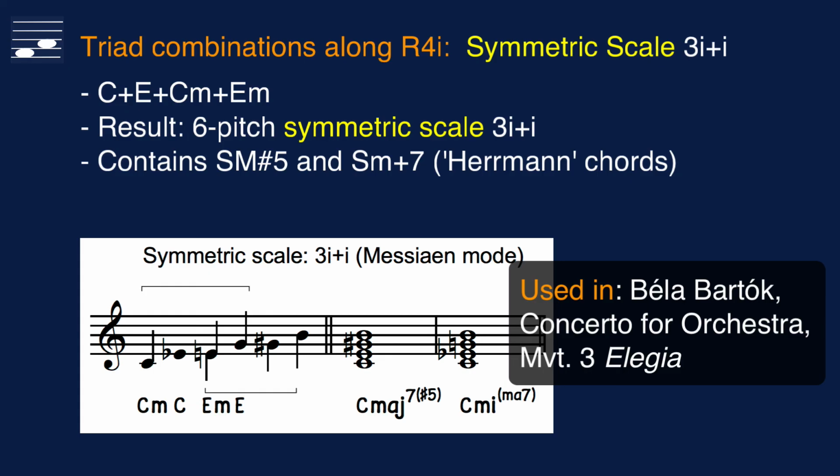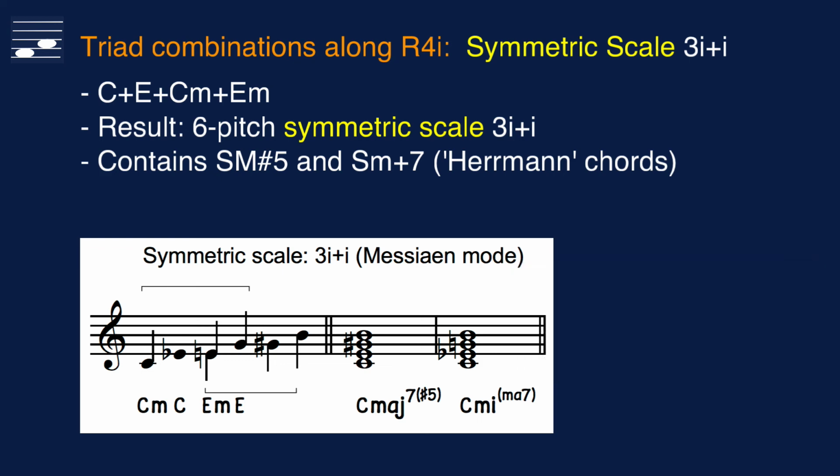It is used in the third movement of the Bela Bartok Concerto for Orchestra. The scale also contains two favorite Bernard Herrmann film music 4-part chord structures, the major 7th chord with a raised 5th, and the minor chord with raised 7.